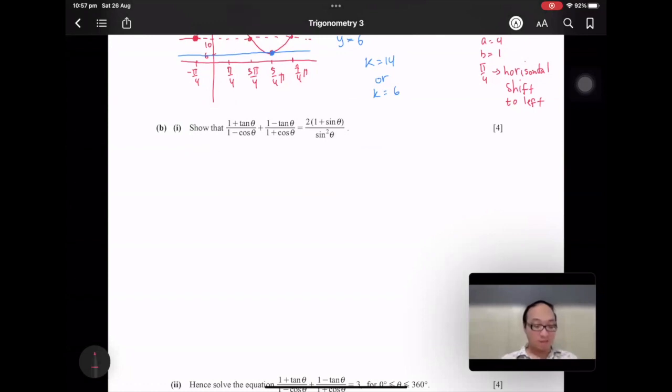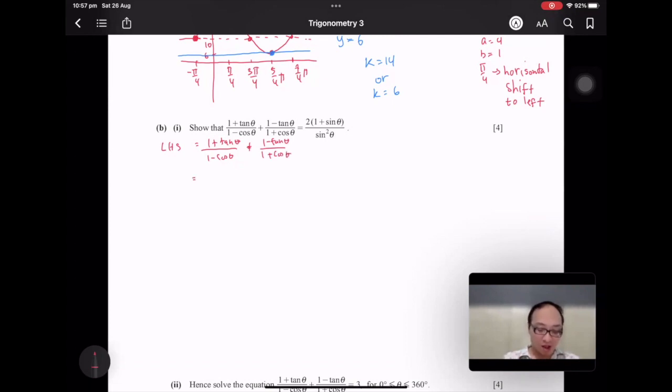B. Show that (1 plus tangent theta over 1 minus cos theta) plus (1 minus tangent theta over 1 plus cos theta) equals 2 times (1 plus sine theta) over sine squared theta. So from the left-hand side, we will have 1 plus tangent theta over 1 minus cos theta plus 1 minus tangent theta over 1 plus cos theta.